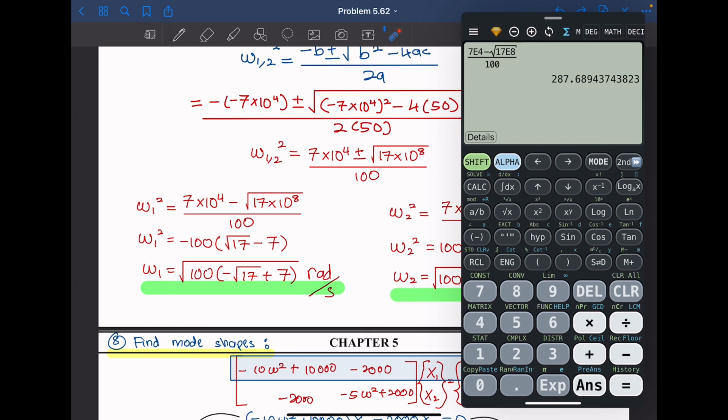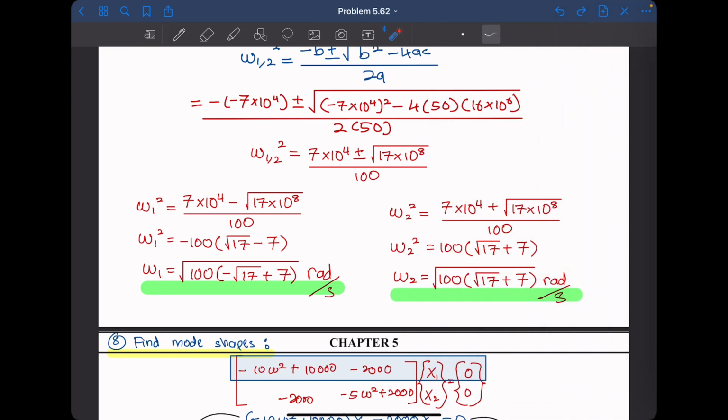Since we don't want decimal, just press the S to D button here on top of the delete button. It will straight away give you the answer in terms of surd, which is negative 100 square root 17 minus 7. So you will not be losing any decimal places at all, and you'll be using the entire value in the calculations.